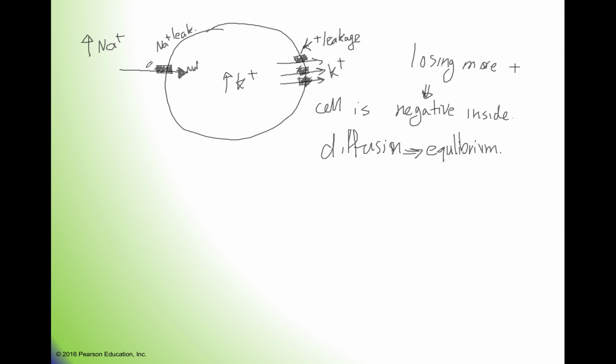So how do you maintain the concentration of sodium and potassium that allows this leakage channel to continue working? How do I maintain the concentration of sodium high outside and potassium high inside to allow the leakage channel to effectively work? For that, we're going back to the type of channels that I described earlier, which are called what? Sodium-potassium ATPase.